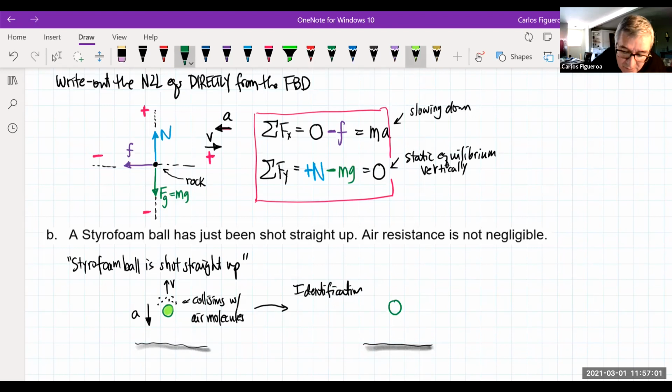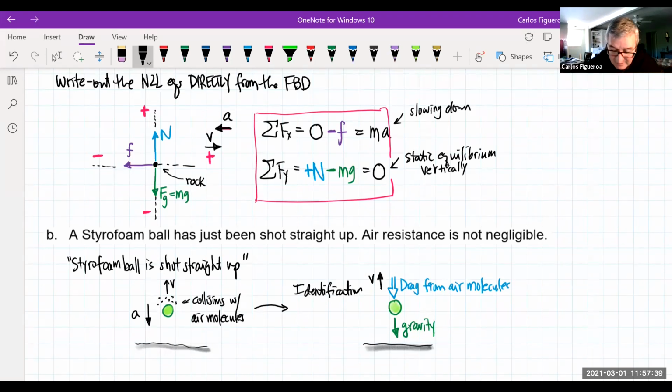Well, there has to be the force of the air molecules pushing down on it. So we would expect some type of drag from air molecules. That's what we mean by the collisions. But at the same time, gravity is pulling it down, even though it's moving in the upwards direction.